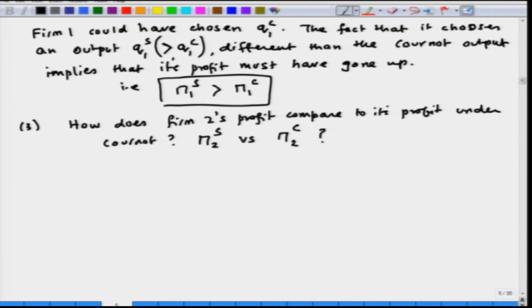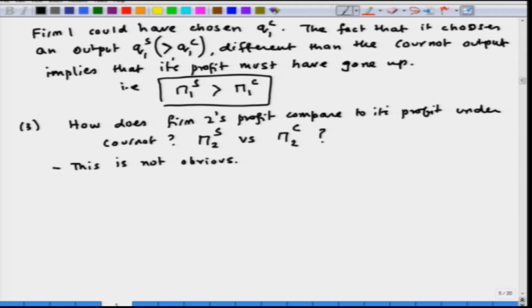Now, this is not obvious. And in fact, we can't directly compare the profit of firm 2 under Stackelberg with the profit that it gets under the Cournot model.